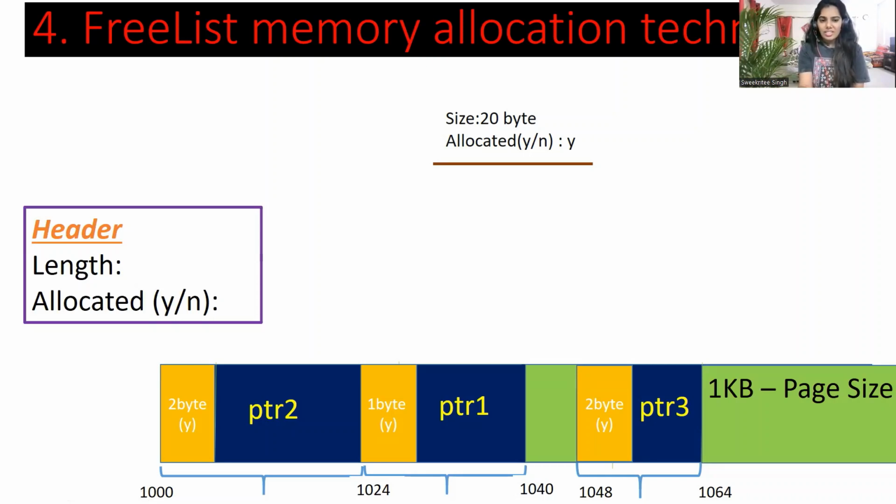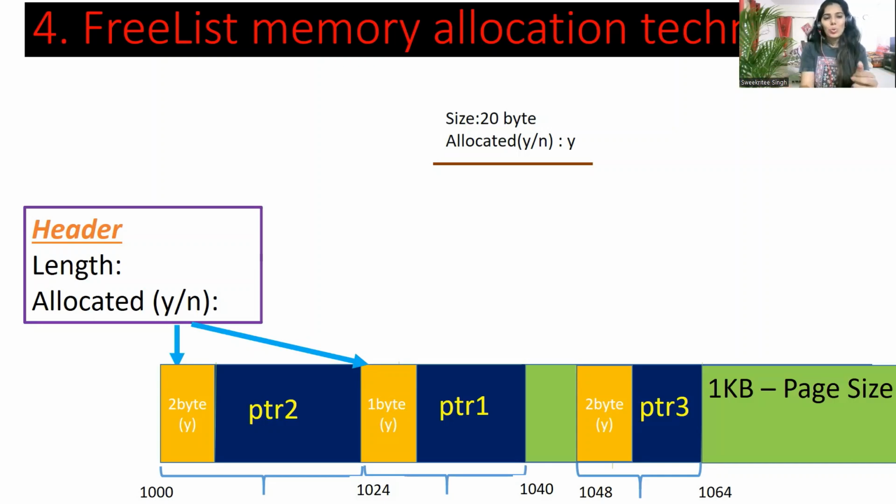you can see in yellow some memories are allocated. The header stores the information of the length of the memory that is requested, and whether that memory is currently allocated or deallocated. So that yes/no information it stores, and it may store some other metadata as well.